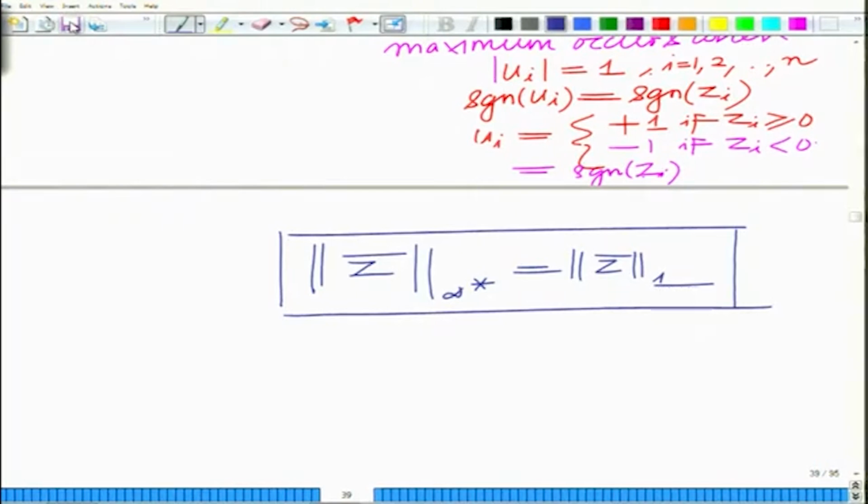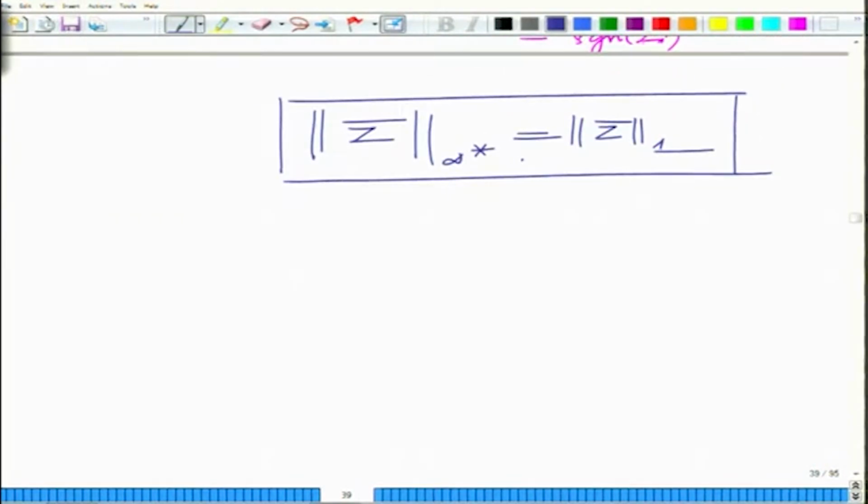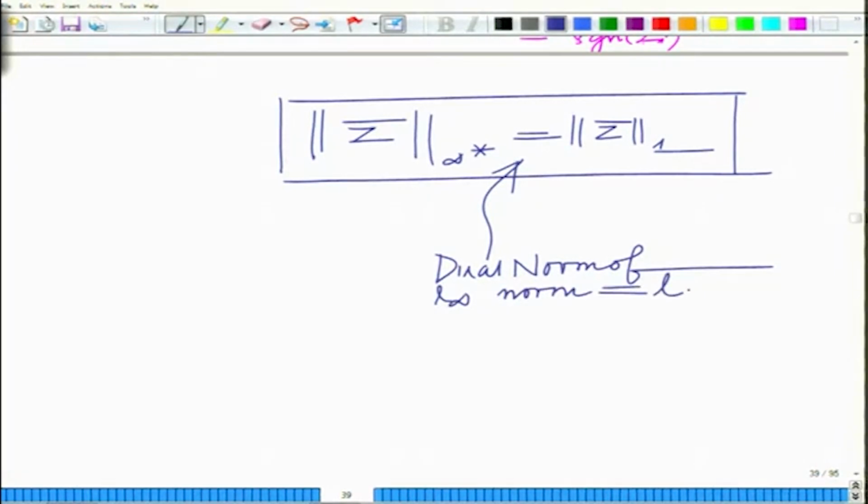So, the dual norm of the L infinity norm is the L1 norm.